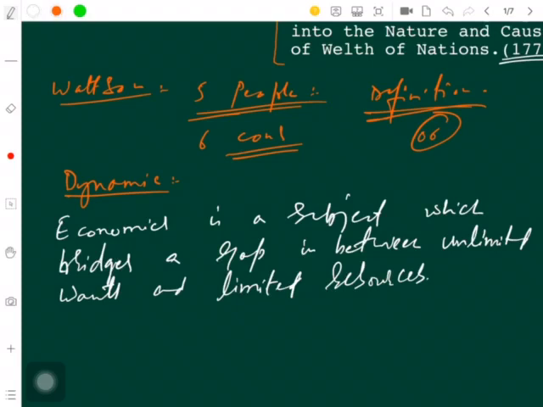See, wants are unlimited, but to fulfill those wants, we have limited resources. So the subject which will tell you how you can bridge the gap in between these unlimited wants and limited resources is economics.